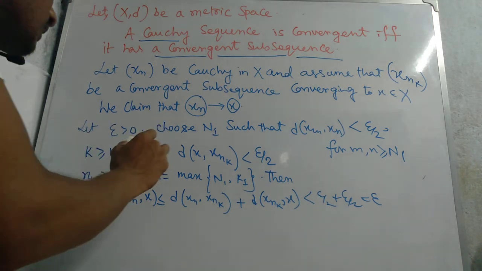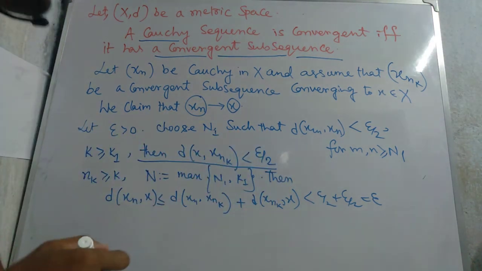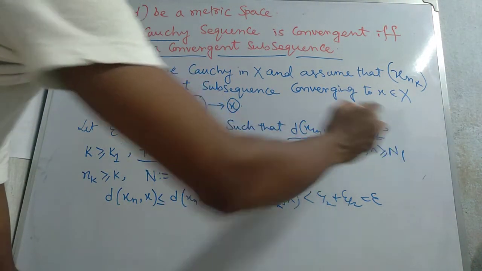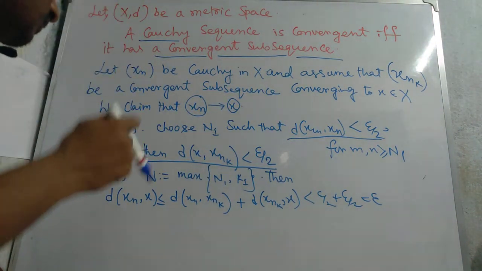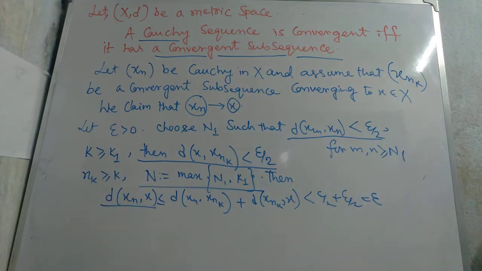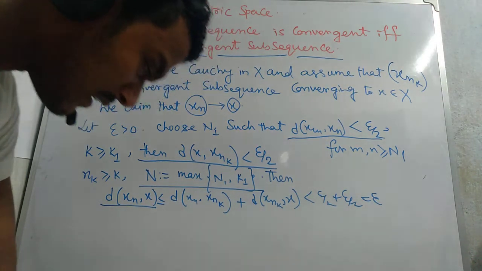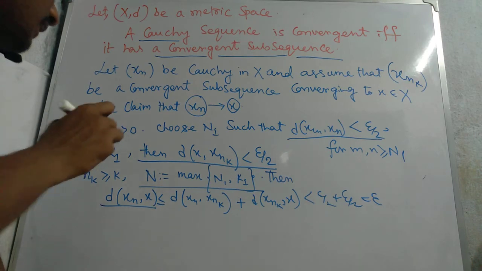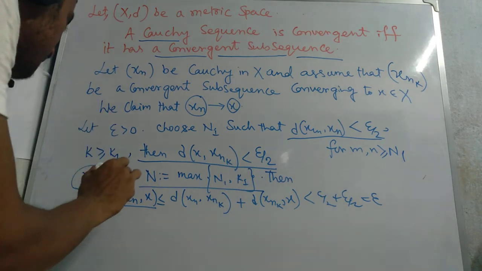That means this one is a convergent sequence and this one is a Cauchy sequence. So we saw that here. n equals the maximum of n1 and k1. Here nk is greater than or equal to k.